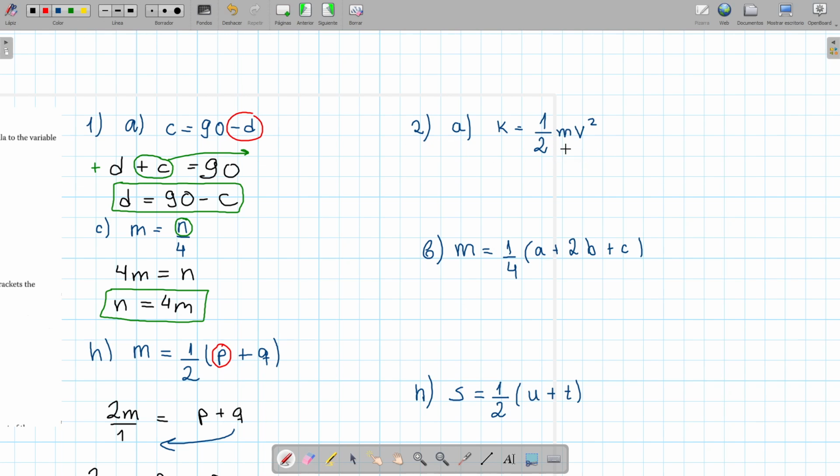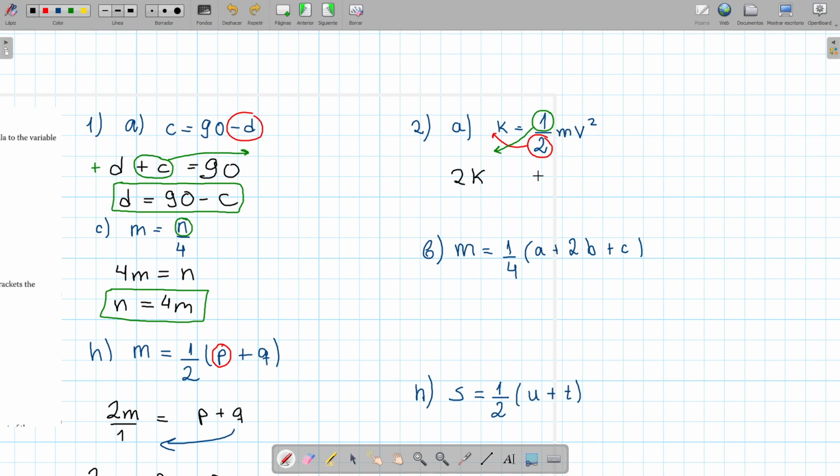So at first, this 2, that is dividing everything, will multiply on the other side. So I'm going to have 2k. And the 1 right here, that is multiplying everything, will go down dividing. So we will have everything divided by 1. But everything divided by 1 is just the same.